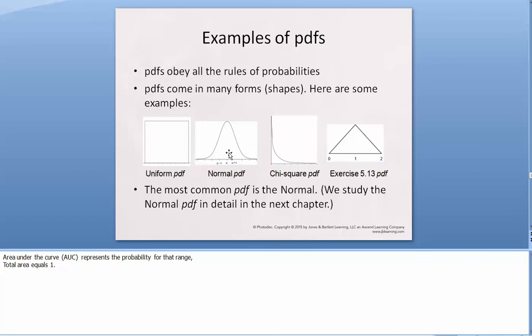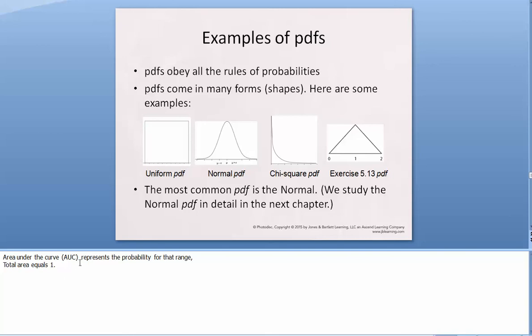We will study this in detail later. The total area of any of these PDFs will be 1, because X has to be somewhere in the specified range. So that is one other property you need to remember: the total area under a PDF curve will be equal to 1.